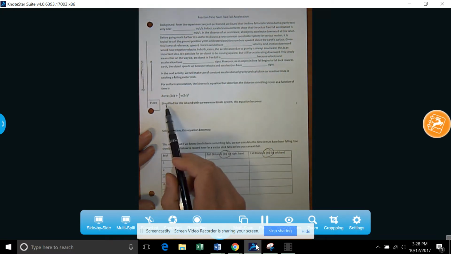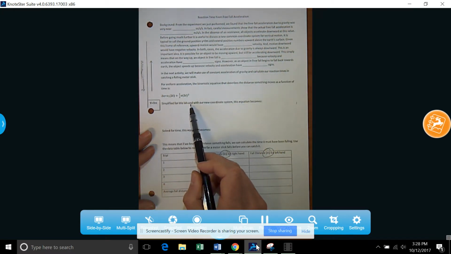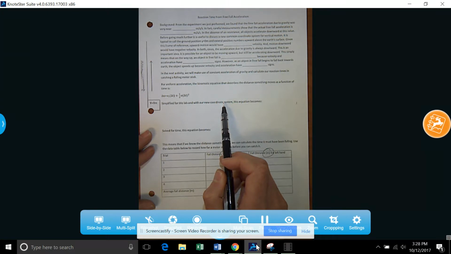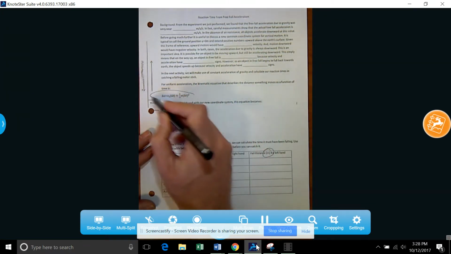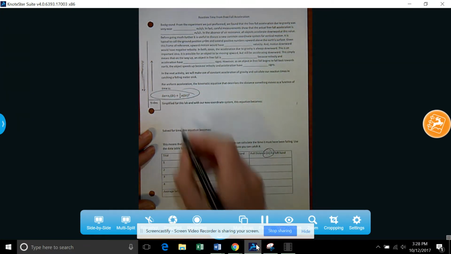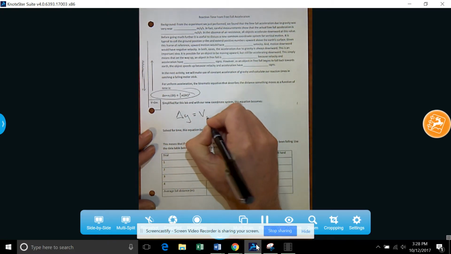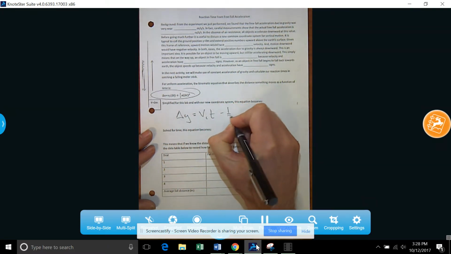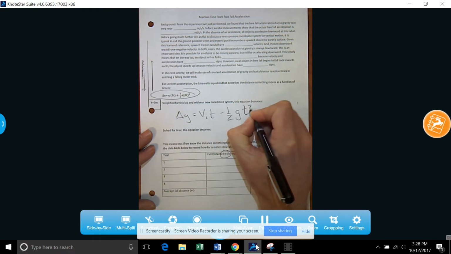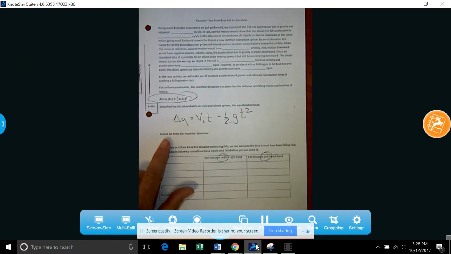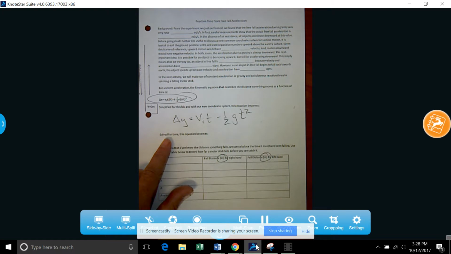The first part says, simplified for this lab and with our new coordinate system, this equation becomes, well, we just did that a moment ago, and I'll rewrite it here. Delta y equals v_i t minus 1/2 gt squared. So down here it says solve for time. Well, let's talk about it.